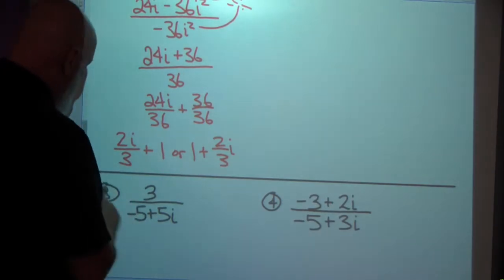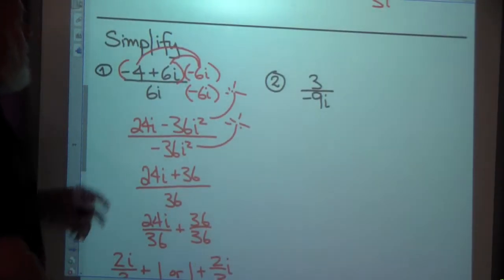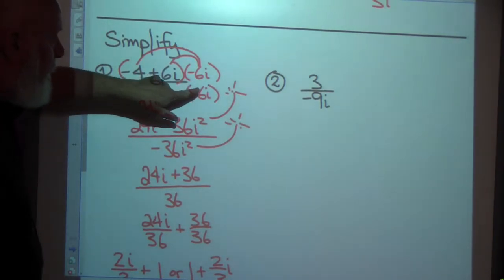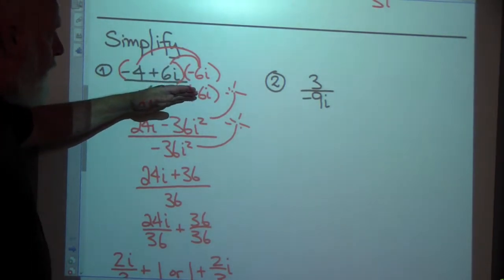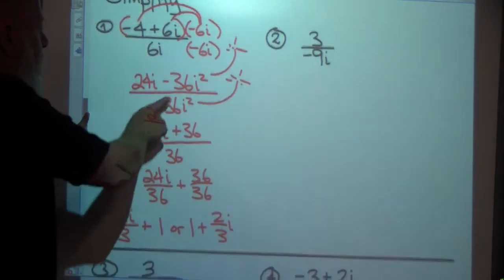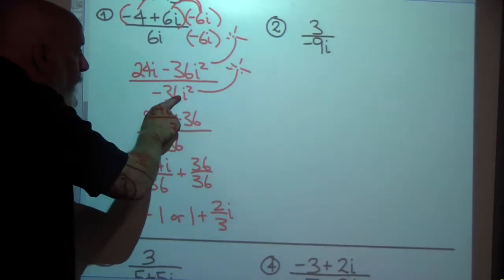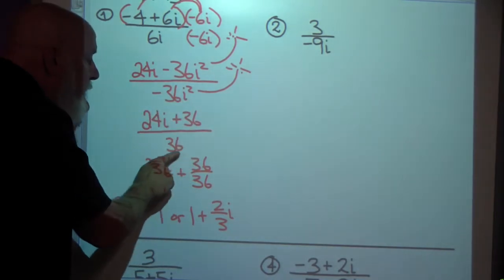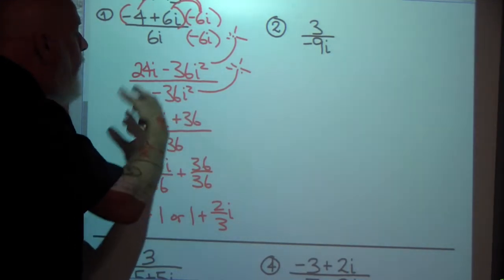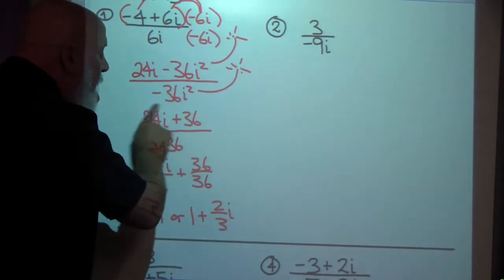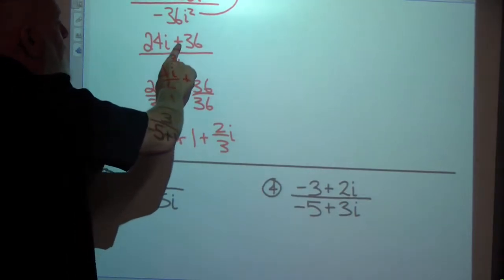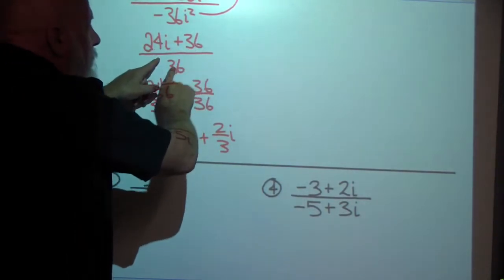This is standard complex form, real plus imaginary. Alrighty. So let's take a look at what we did. We said, hey, we have an imaginary number in the bottom. We don't want that, so we multiplied the top and bottom by the complex conjugate. When we did that, the bottom of the fraction, negative 36 times i squared, which is negative 1, turns into a real number. So now all I have to do is a little bit of fraction work to simplify this. I said, hey, I can break this into two fractions.